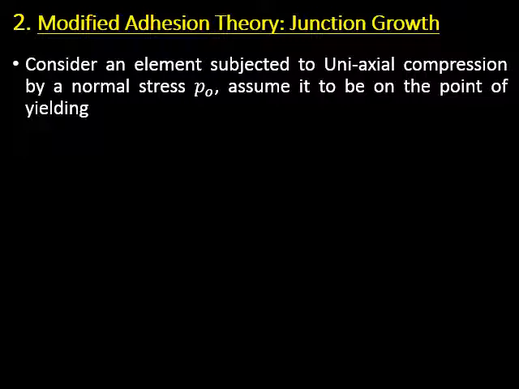In the previous theory, only the effect of the normal load was taken. So consider an element which is subjected to uniaxial compression, which leads to a normal stress P0 on that element, and I also assume that the material is at the point of yielding.